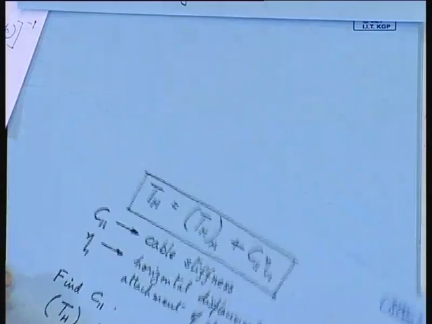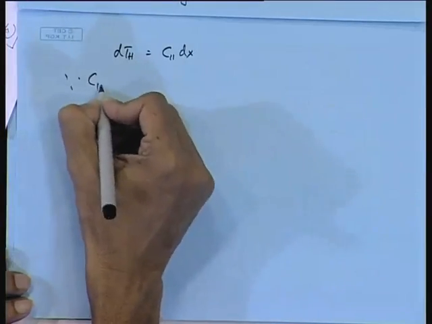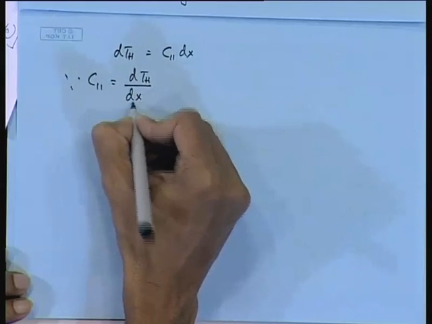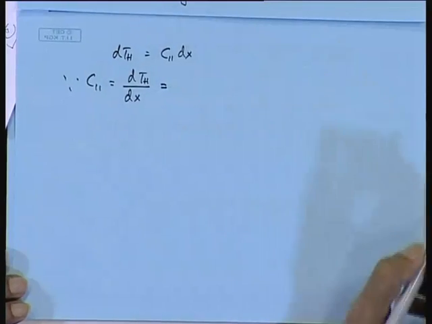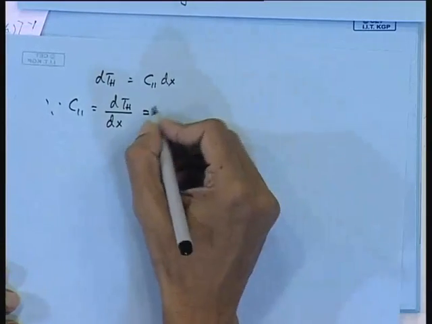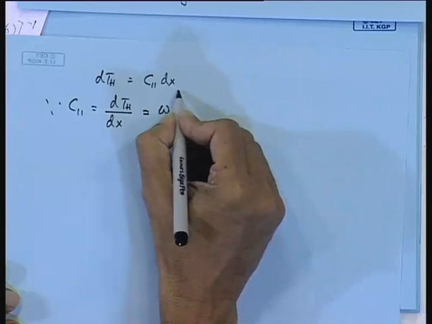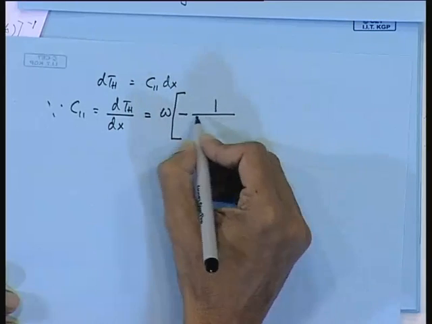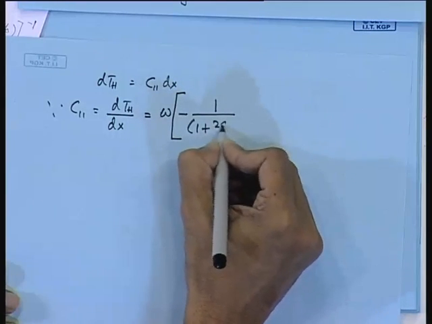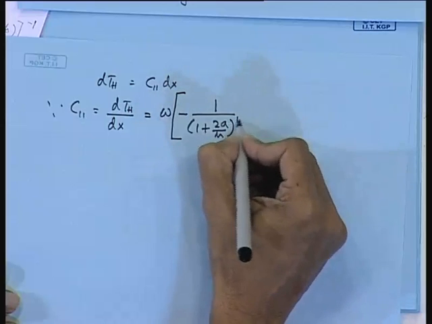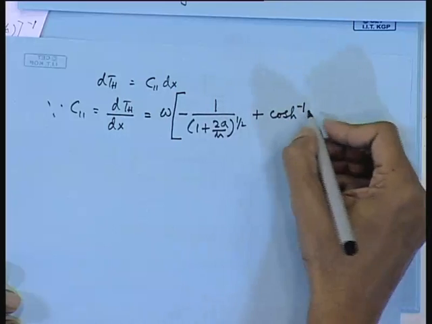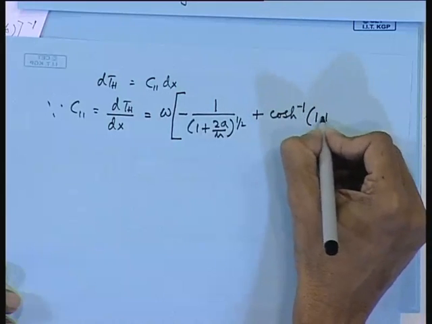So this is our expression for C11 then. Since C11 is equal to dTh over dx, now you have found out the cable stiffness, isn't it? So what is that expression? You have already found this out. So W multiplied by minus 1 over 1 plus 2a over h to the power half. So this is called the analytical expression for cable stiffness.